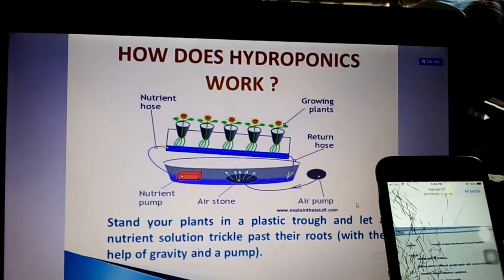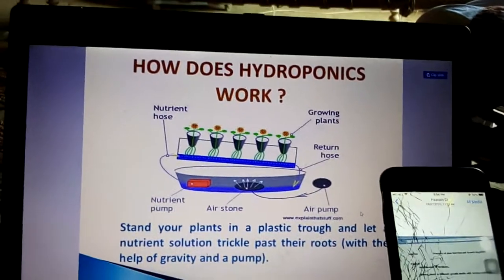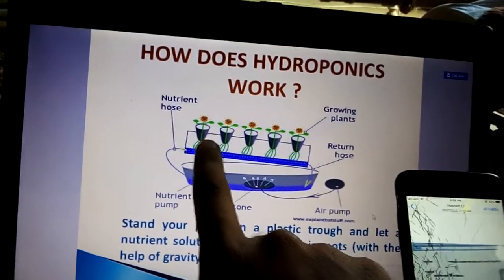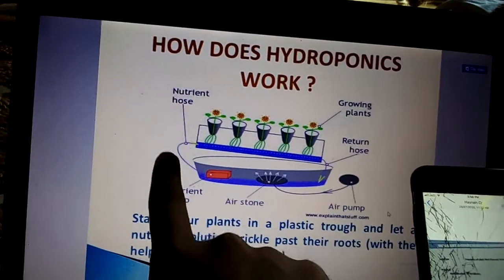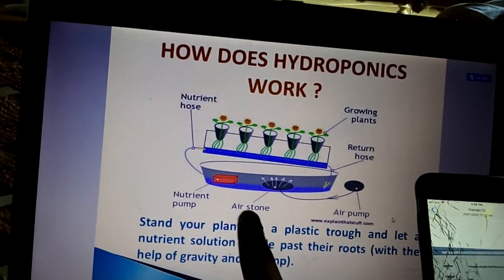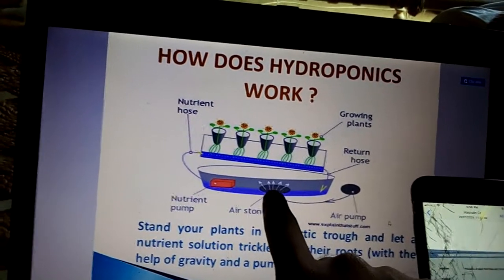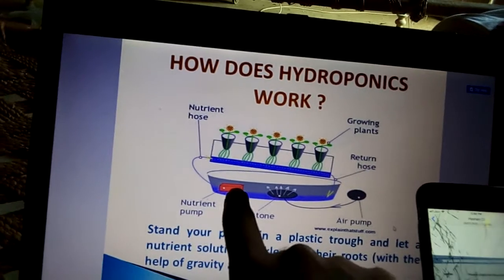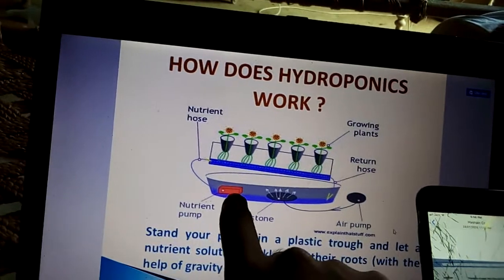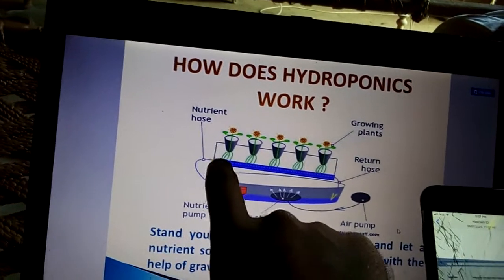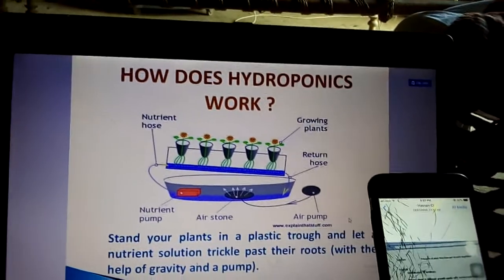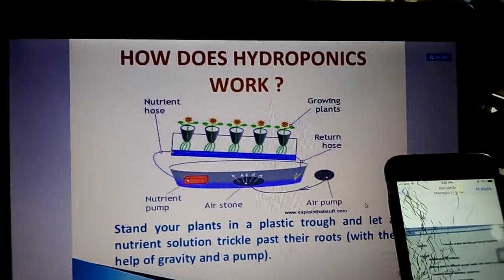You can see these are the growing plants, and this is the nutrient tank. Oxygen is available through this system, and this is the nutrient pump. Nutrient can be pumped through this and back to the plate.